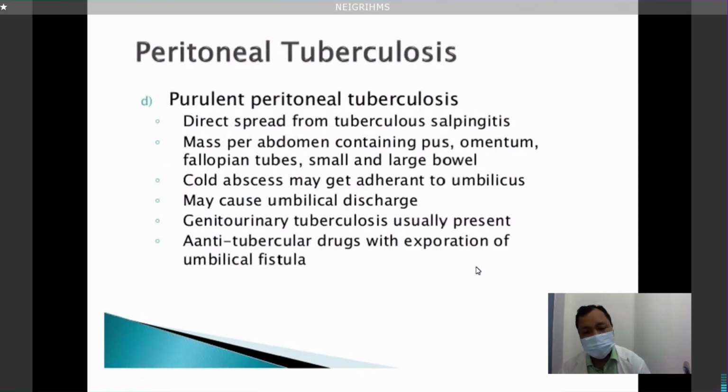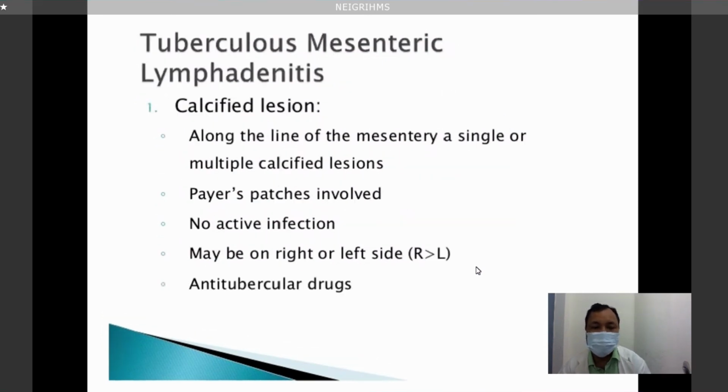Then if there's pus, then you usually try to give the antitubercular treatment, and that may be sufficient. So if there's mesenteric lymphadenitis, usually antitubercular drugs will be sufficient, because as you know, mesenteric lymphadenitis, even though some pain may be there, usually will not lead to any complications.